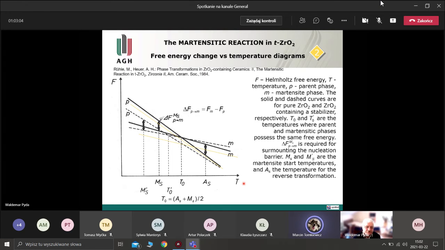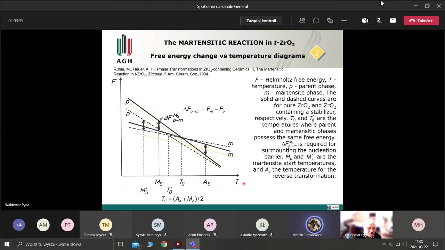So the Helmholtz free energy is declining, where there are two phases, the parent phase and the martensitic phase, and they meet at the T0 point.